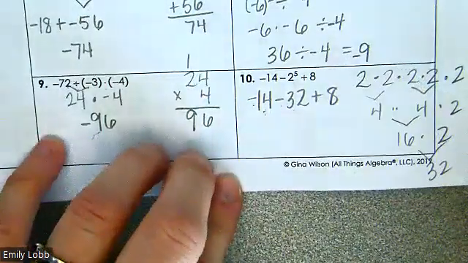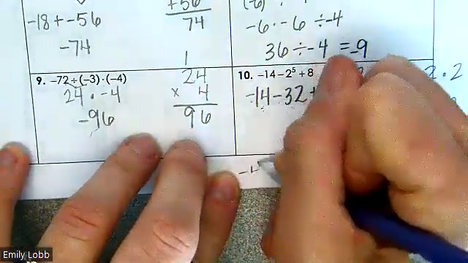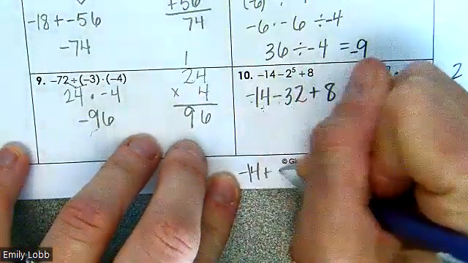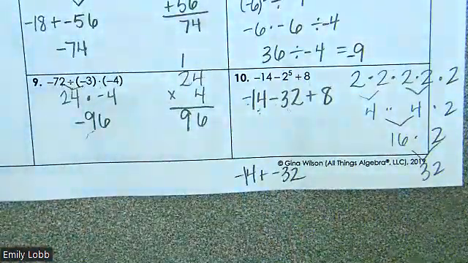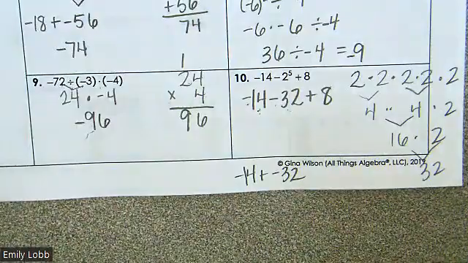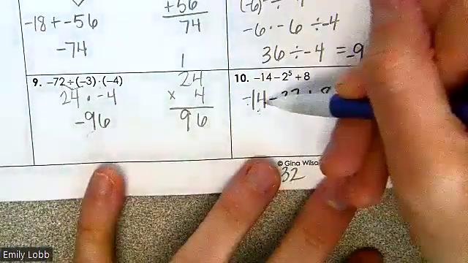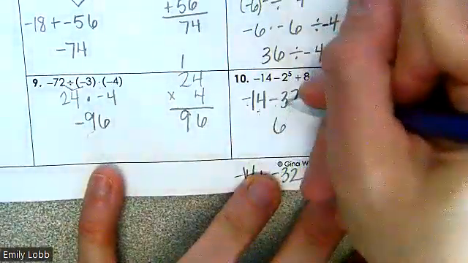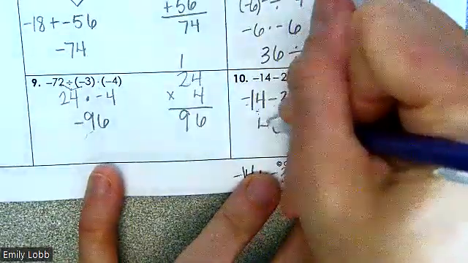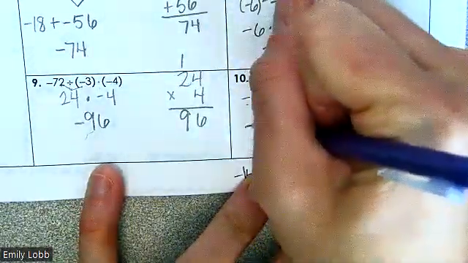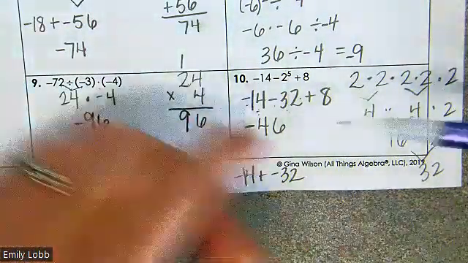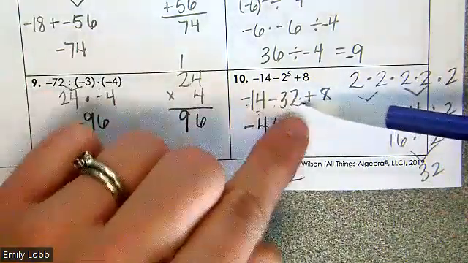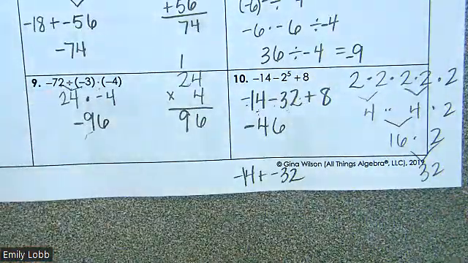If it's easier for you to rewrite this as -14 plus a -32 to see that your signs are the same, you can. But when my signs are the same, I find the sum. 4 and 2 is 6. 3 and 1 is 4. And it is negative. My signs are the same. I'm finding the sum. It's getting more negative. If we start with the negative and go to the left, we're getting more negative.